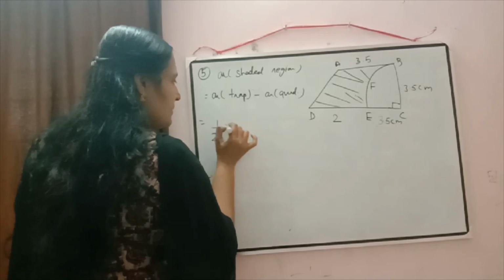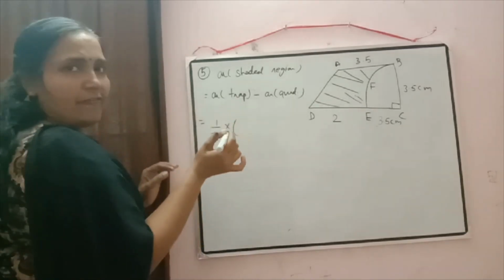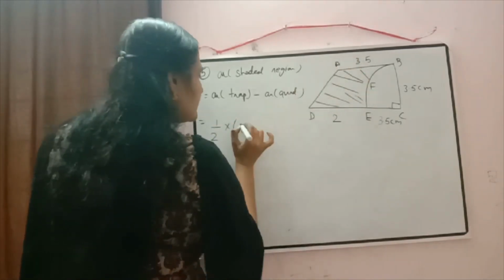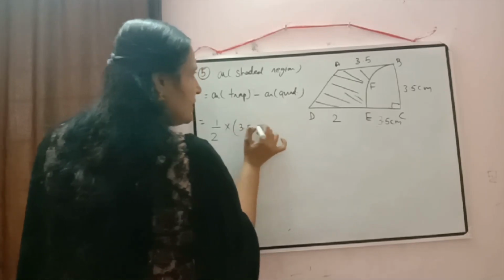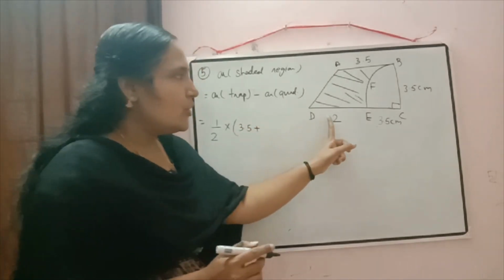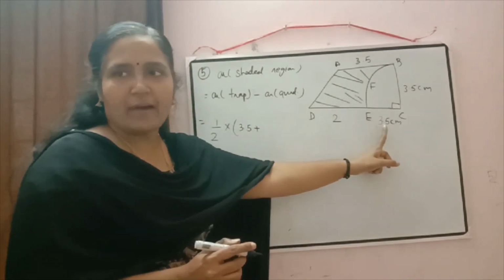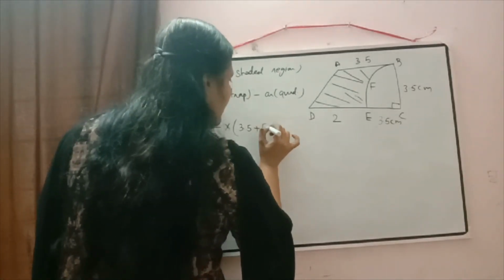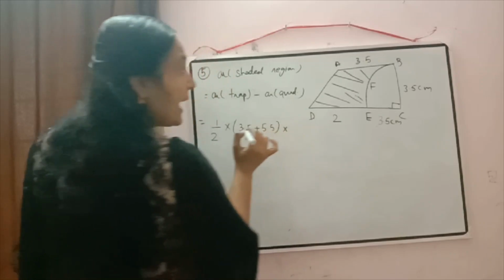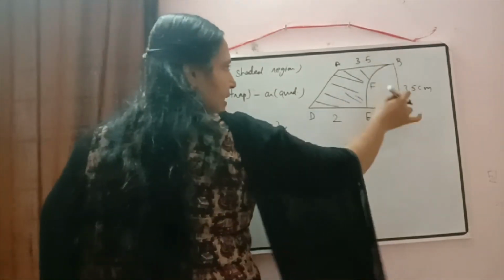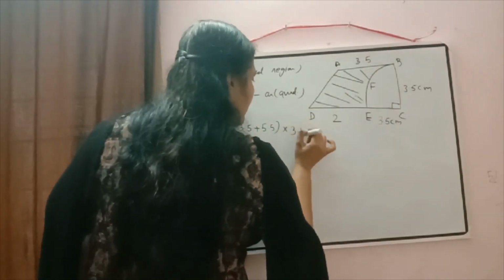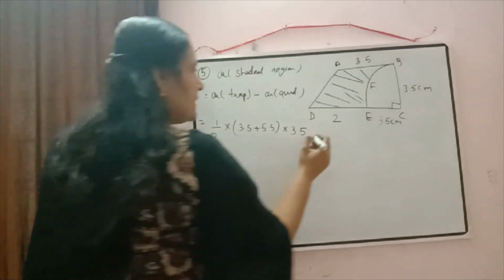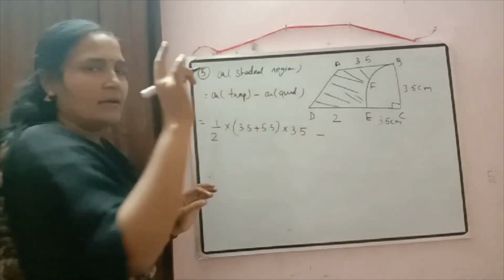Area of trapezium, half into sum of parallel sides. Our parallel sides are 3.5 plus 2 plus 3.5, so that will be 5.5, into height. What is the height we have here? 3.5. Minus area of quadrant.